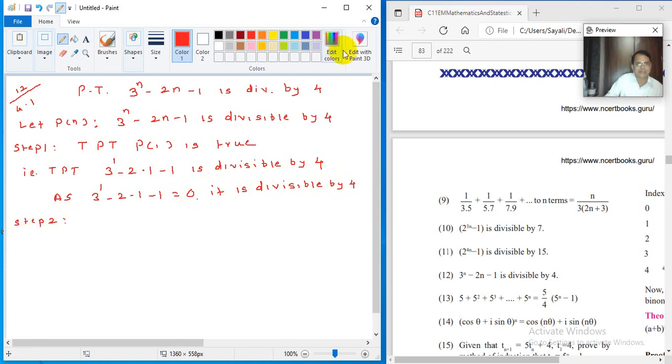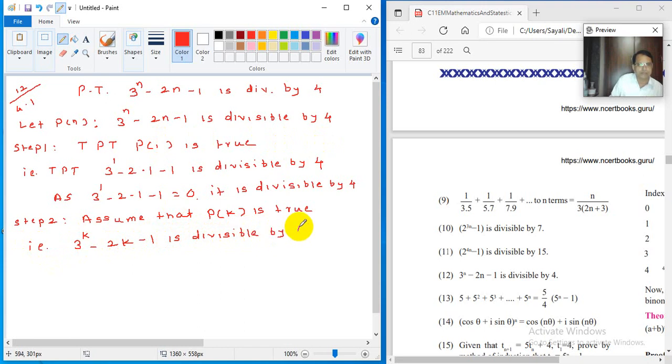Now step 2. इथे तुम्ही काय करणार? We will assume that Pk is true. Assume that Pk is true. म्हणजेच काय? ती जी आपण Pn स्टेटमेंट लिहिलेली आहे त्याच्यामध्ये मी k टाकला तर ते ट्रू आहे. That is 3 raised to k minus 2k minus 1 is divisible by 4.